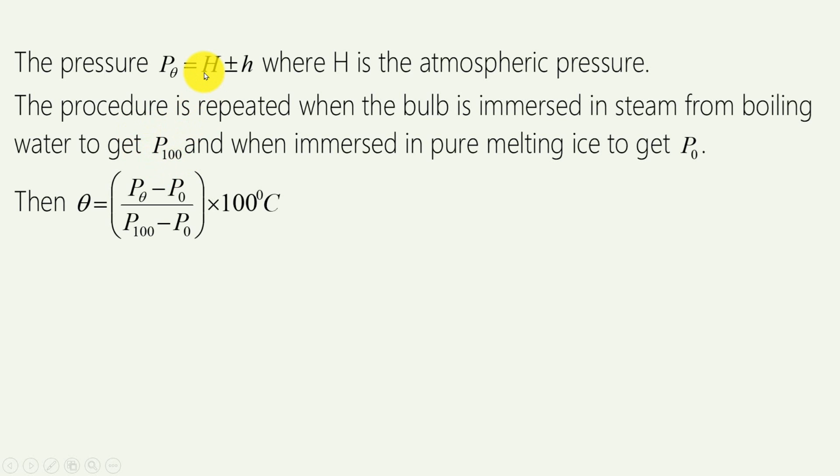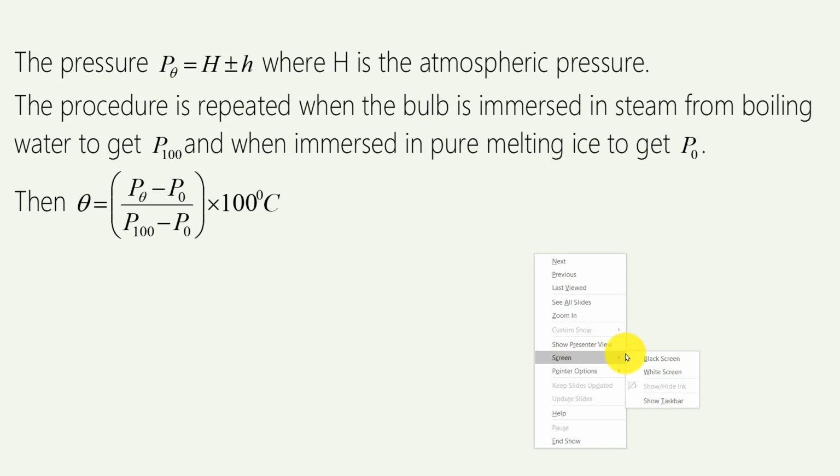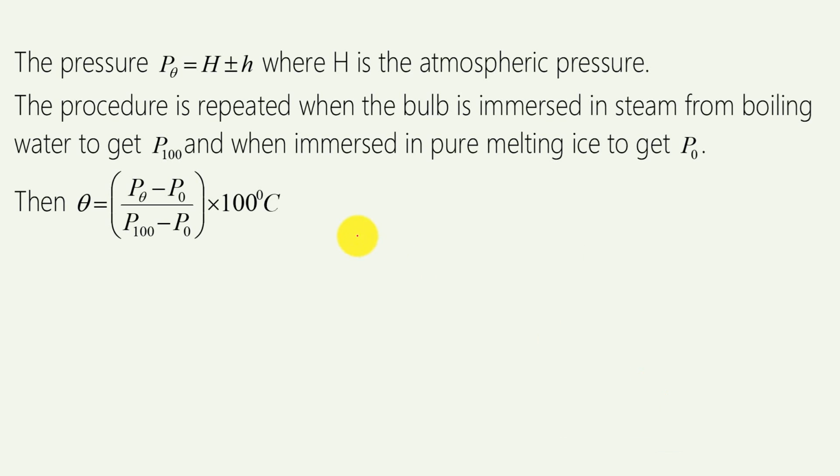P100 is going to be our atmospheric pressure plus the height at 100, like this.